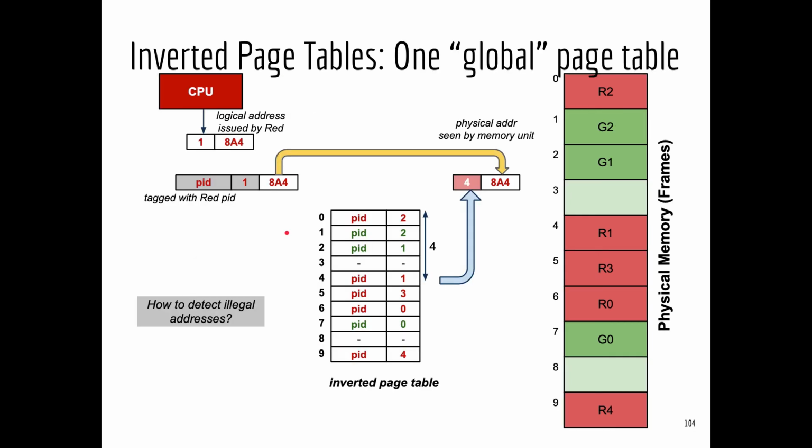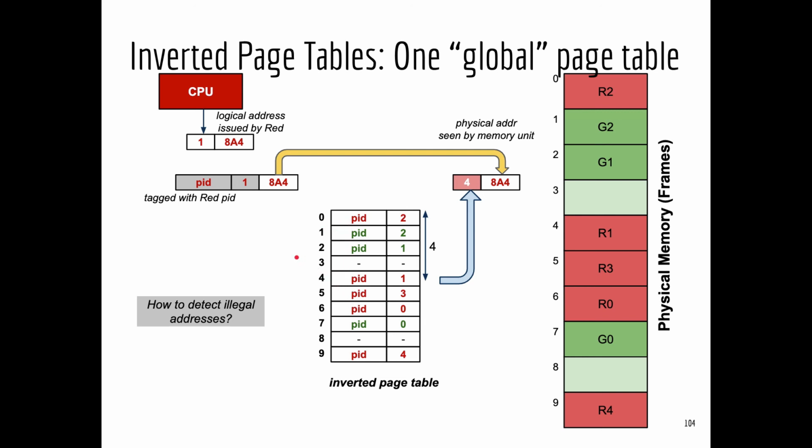This illustration shows an example when the red process attempts to fetch an instruction or data at logical page 1 and offset 8A4. For searching the inverted page table, the logical address is tagged with the PID of the red process, and then the pair of PID and page number is searched for a matching entry in the inverted page table.